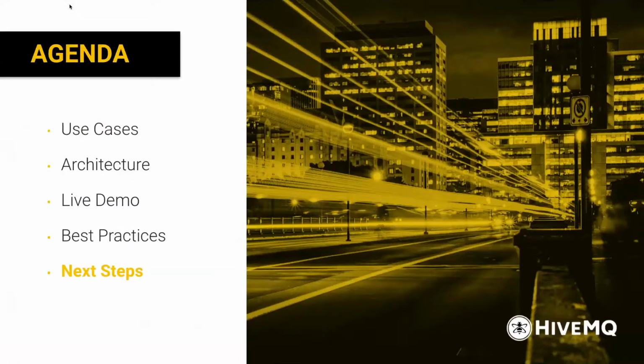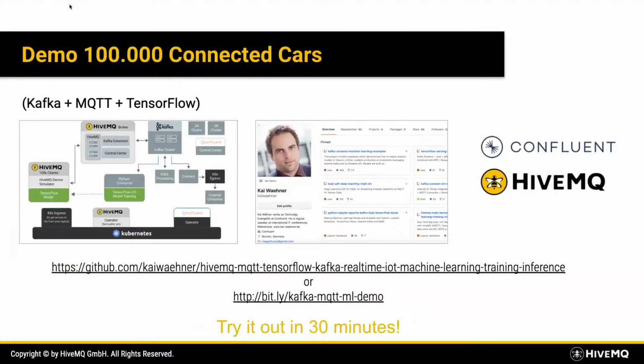All right, now that we've gone over this specific use case and talked about best practices for you to integrate them, what are the next steps for you to get going? So this demo that we showed, again, I want to reiterate this. Kai is kind enough to host this on his GitHub. It is open. Anybody can participate, also as in committing to the project if you have improvements.